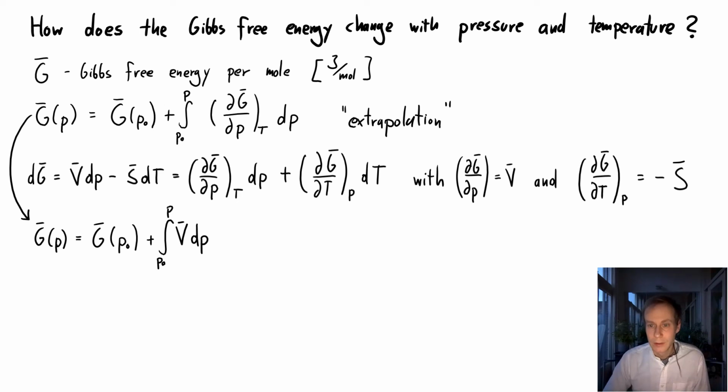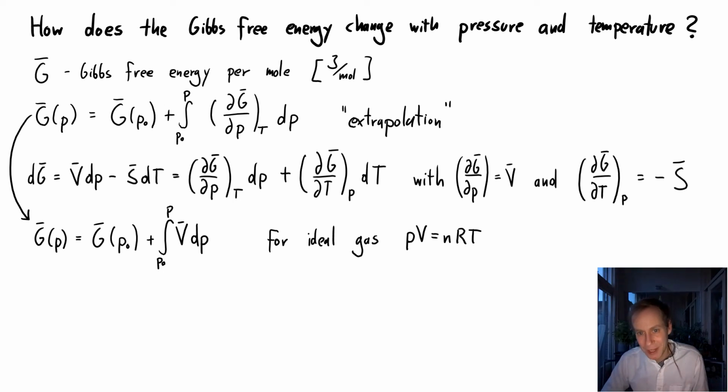Good. Now the question is, how does the molar volume depend on the pressure? For an ideal gas, our favorite example, we have a simple equation that relates pressure and volume via the moles, the gas constant, and the temperature. Excellent. We can actually rewrite it by dividing the volume on the left by the number of moles, and that is actually the molar volume, right?